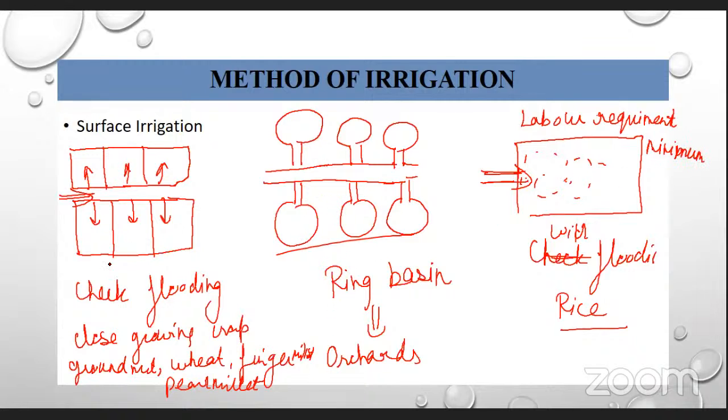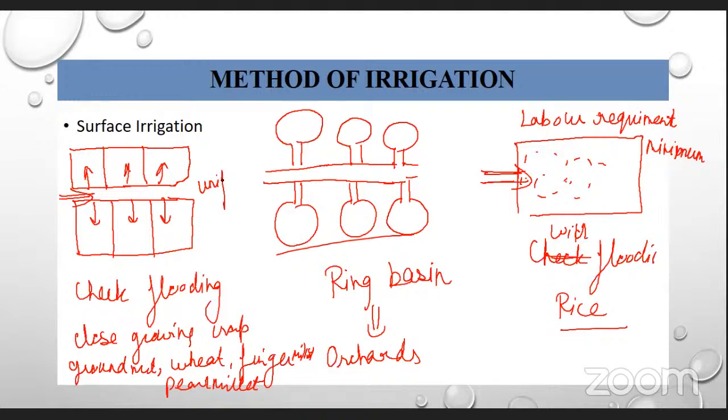Then in check basin, light texture soils need small sized check basins, and the advantage of this method is that water can be applied uniformly.